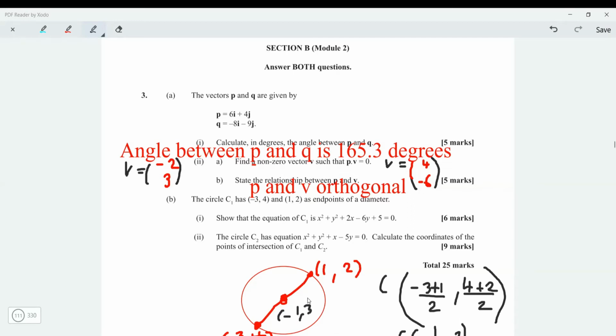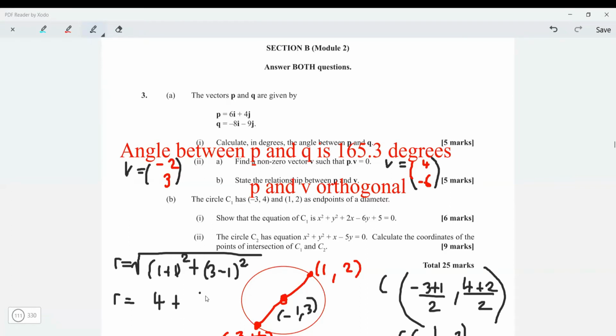Now that we have the center, we need the radius. The radius of the circle is the square root of x1 minus x2 squared, so it's 1 minus minus 1, that becomes 1 plus 1 squared, plus y2 minus y1, 3 minus 1 squared. So 1 plus 1 is 2, 2 squared is 4. 3 minus 1 is 2, 2 squared is 4.